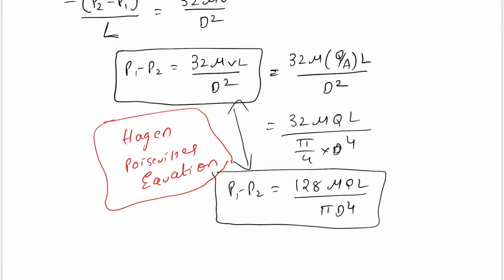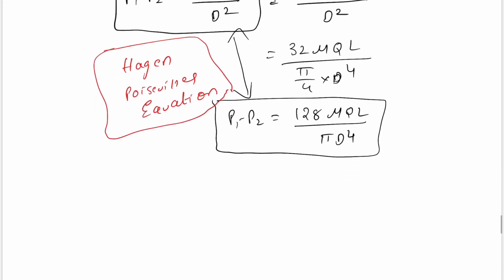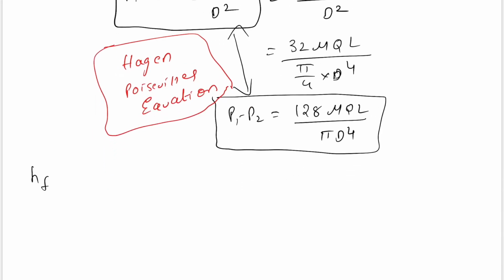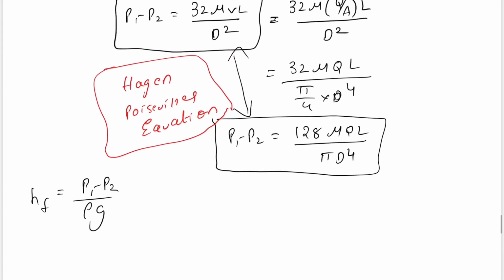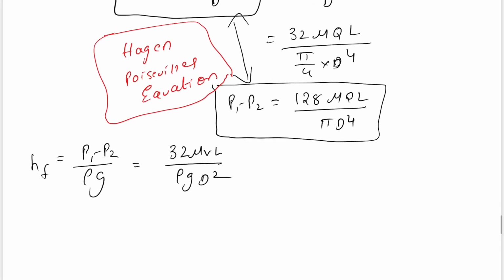There are a few more other relations that we can derive from this. See, we know hf, that is head loss due to friction, is equal to P1 minus P2 by rho g. We got the expression for P1 minus P2 over here. We'll use that here. So hf is equal to 32 mu VL by rho g d square.